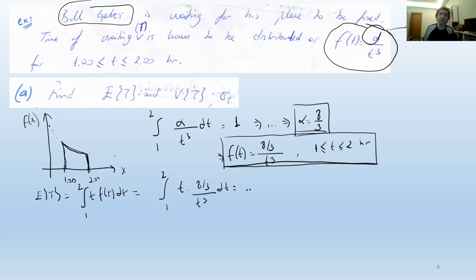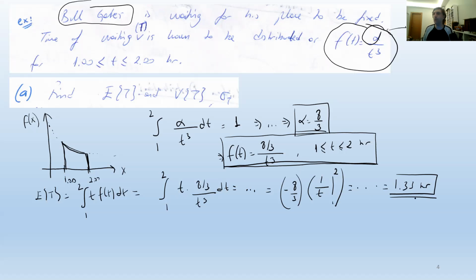And again, I'm going to skip these steps and just write one intermediate step. Let me copy from my notes. It's going to be 1 over t from 1 to 2. So you should obtain an intermediate result such as this one. And after a couple more steps, we obtain 1.33 hours.